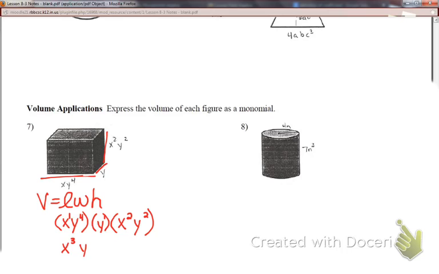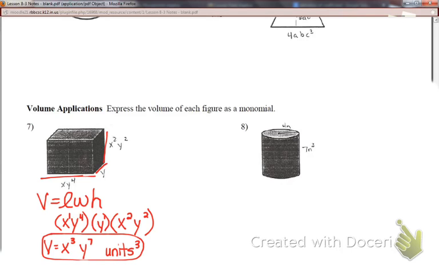So y to the 7th. The label for volume is units cubed, or units to the 3rd power, because there's a 3rd dimension to these figures. So the volume of this rectangular prism is x to the 3rd, y to the 7th, units cubed. That's it for that one.